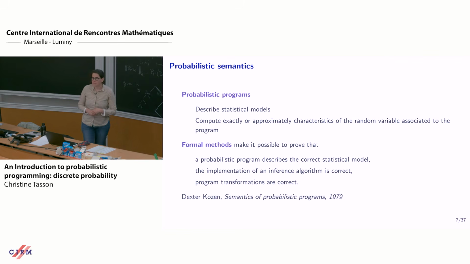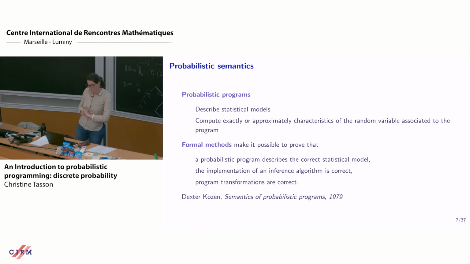Okay, so here we are interested in probabilistic semantics, and it was, I think, introduced by Dexter Kozen in the 80s. This article, there is everything in it. It's very nice. So it's good advice to read it.